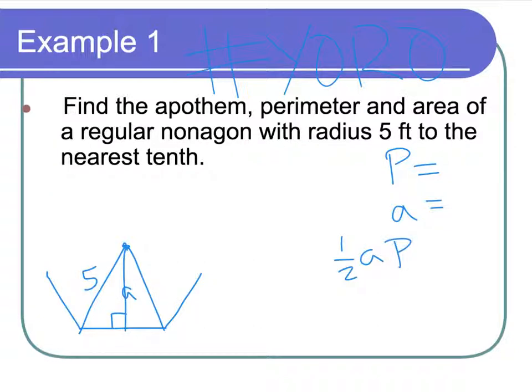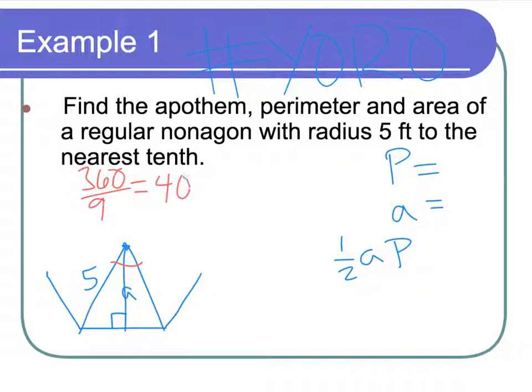All right. Well, I guess what I could get is if I took 360 and I divided it by 9, I could then get my central angle. Right? So if I went and took this guy, I could get that guy by doing 360 divided by 9.